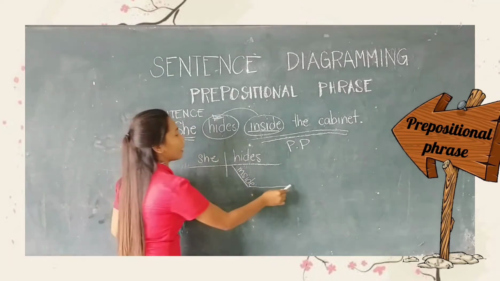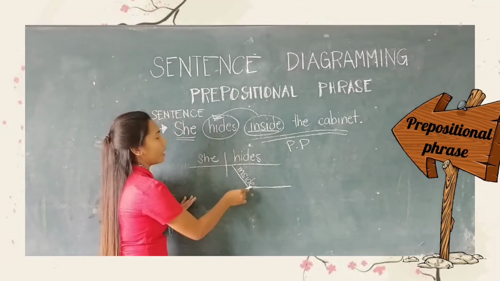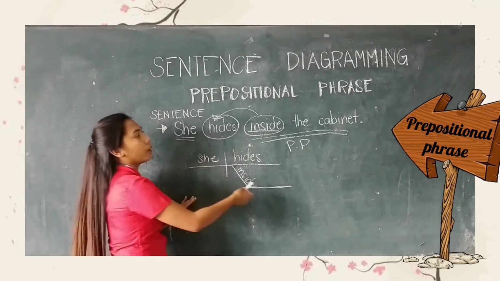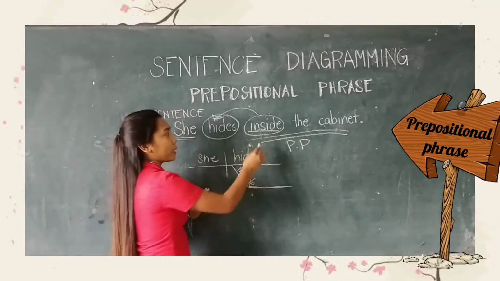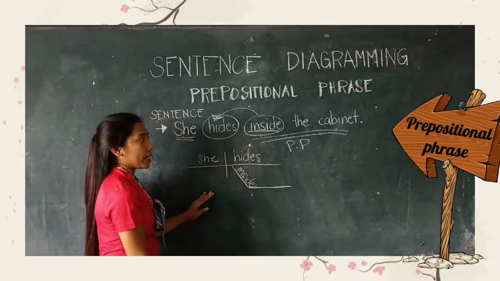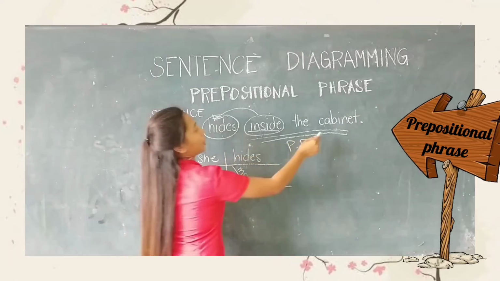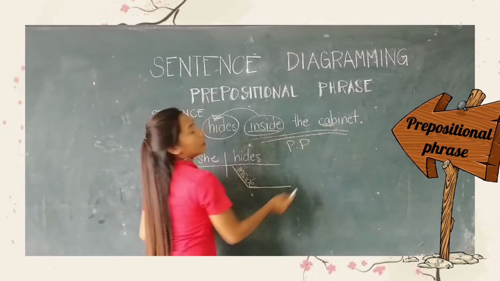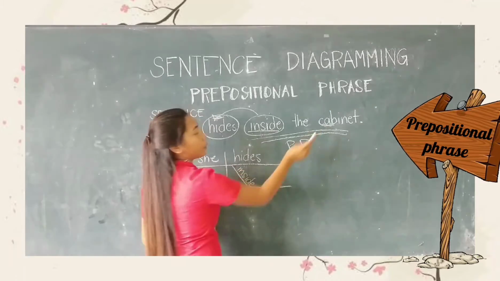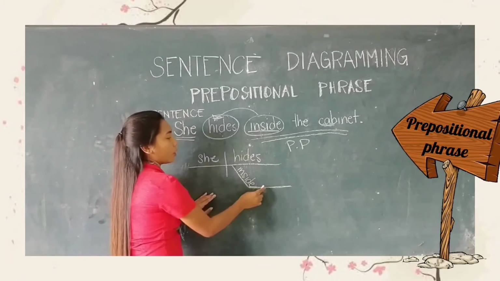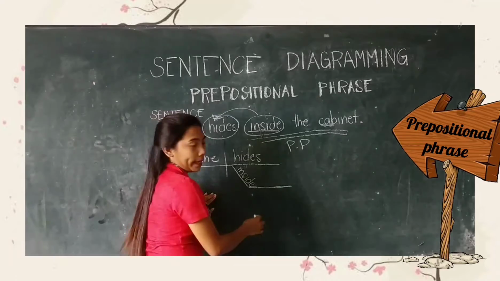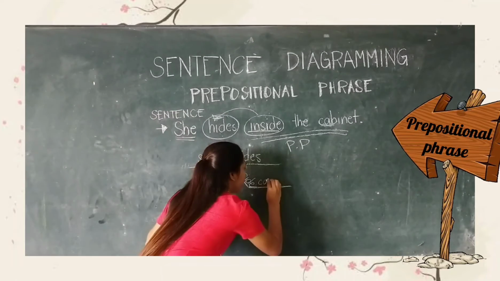And take note that this horizontal line is for the object of the preposition. So in this prepositional phrase, our object here is the word cabinet. Therefore, we have to put the word cabinet in this horizontal line. Understand? Cabinet.